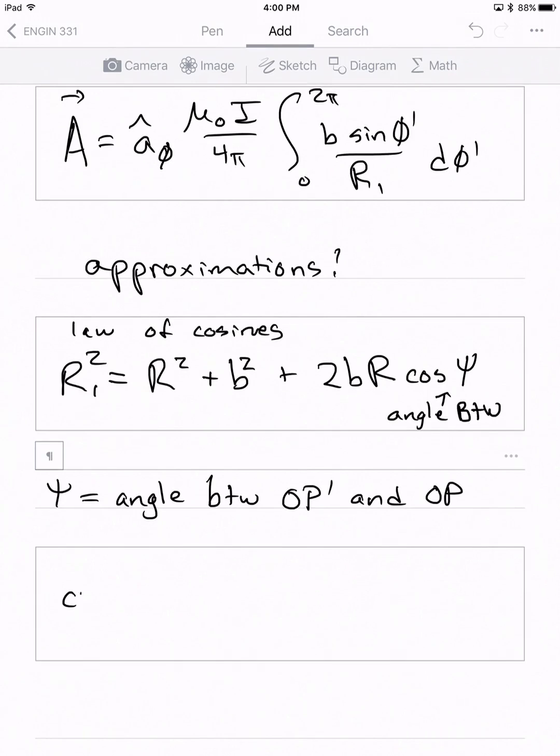I'm just going to write this out, but you can verify this by looking at the triangles: cosine psi is equal to sine theta sine phi prime.